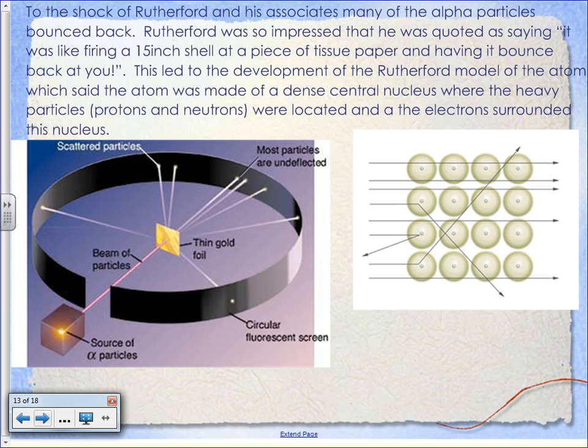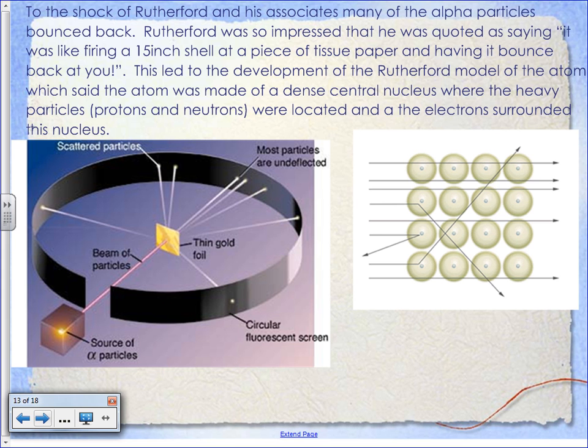He set up a source of particles, essentially like an X-ray machine, shooting these X-rays at this piece of gold foil. His argument was that if atoms are a solid sphere and they fit tightly together, all of the X-rays should bounce off of the foil and come straight back. That would sort of make sense, right? Foil is solid. These X-rays, which are made up of really small alpha particles, should bounce straight back at me.